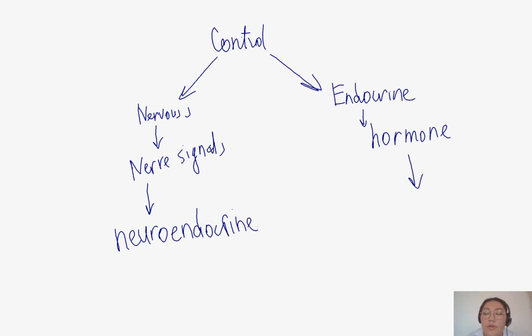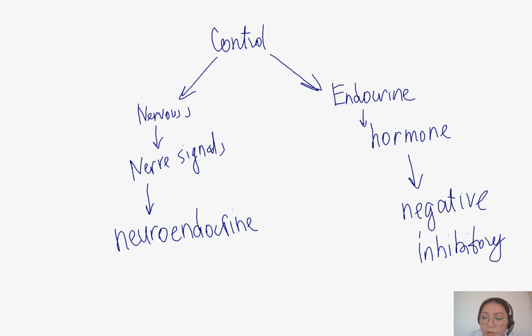According to the hormone, when we have just hormones without any nervous tissue, we call it the negative inhibitory feedback.